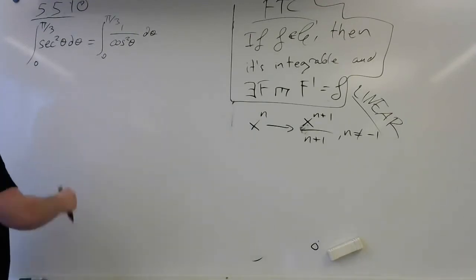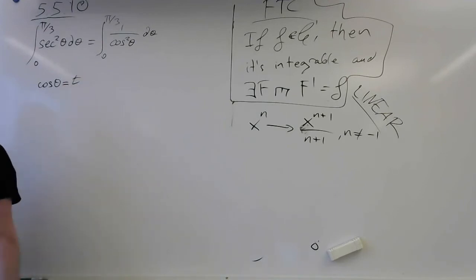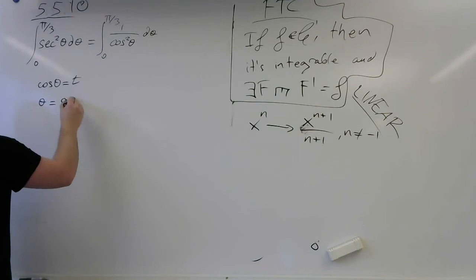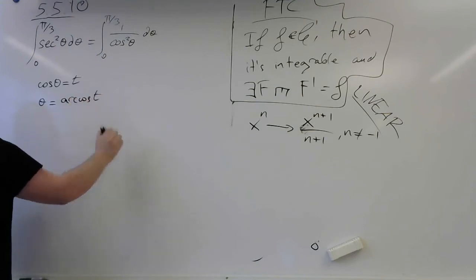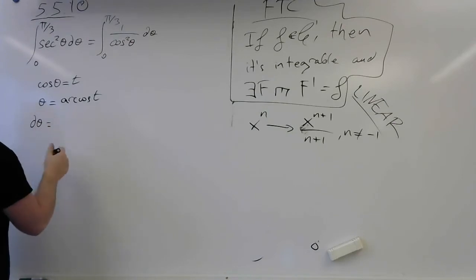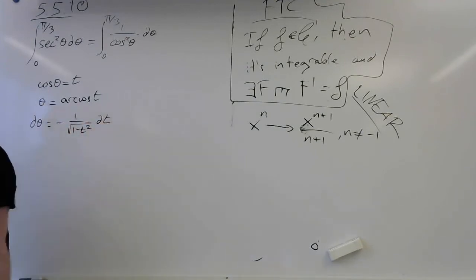Now there's a possibility we may do cosine of theta equal t, and let's see what happens. Theta is arc cosine t. Differential of theta is this thing right here.